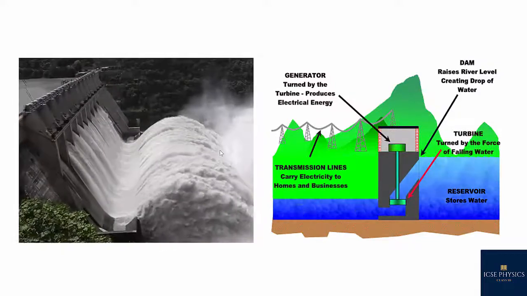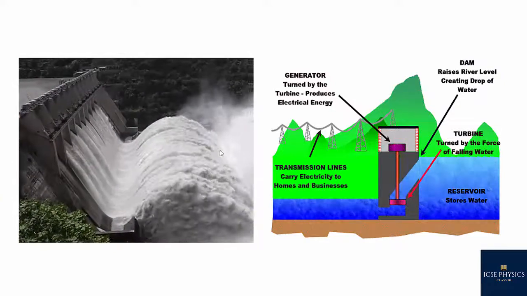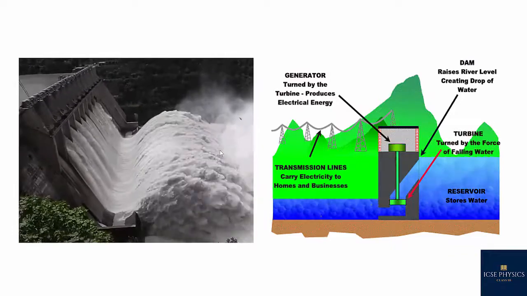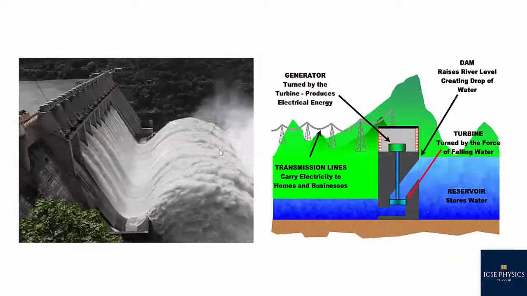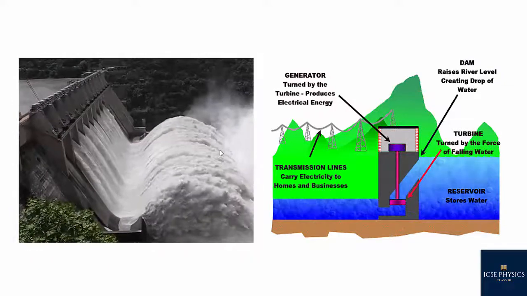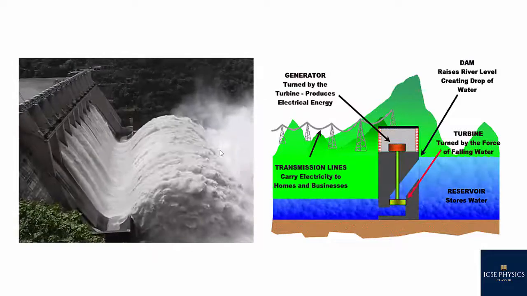Remember, energy can neither be created nor destroyed. It can only be changed from one form to another. In my earlier video about work, energy and power, I had also mentioned that potential energy cannot be directly used. It has to be converted into kinetic energy for using it.